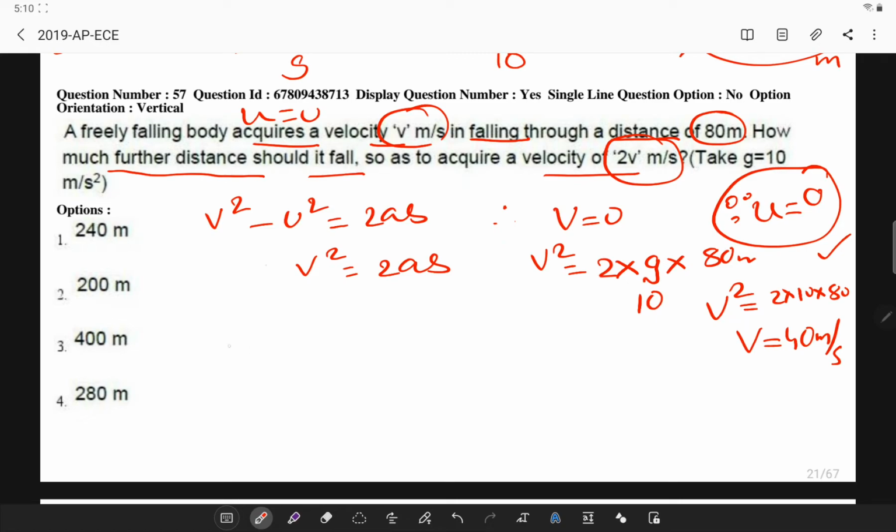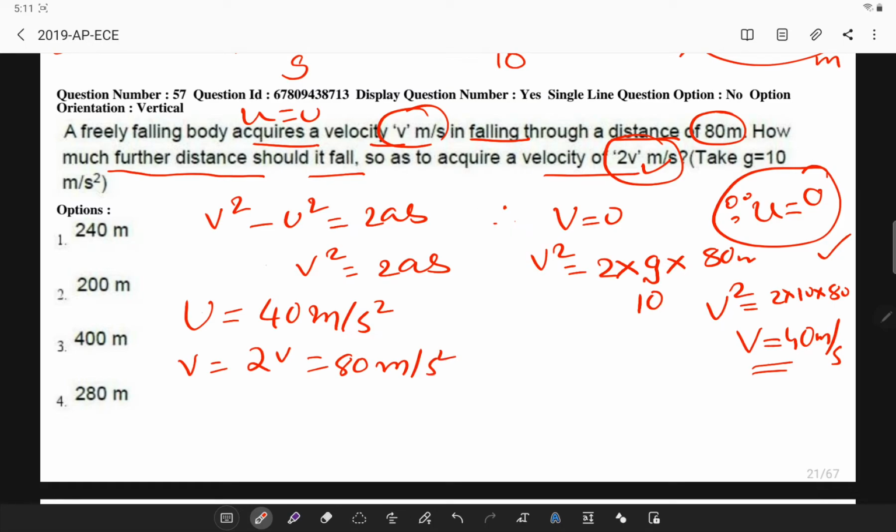Now in the second case, the question is the continuation. So here the initial velocity will be 40 meters per second, which we calculated here, and the final velocity will be 2v, which is 80 meters per second.